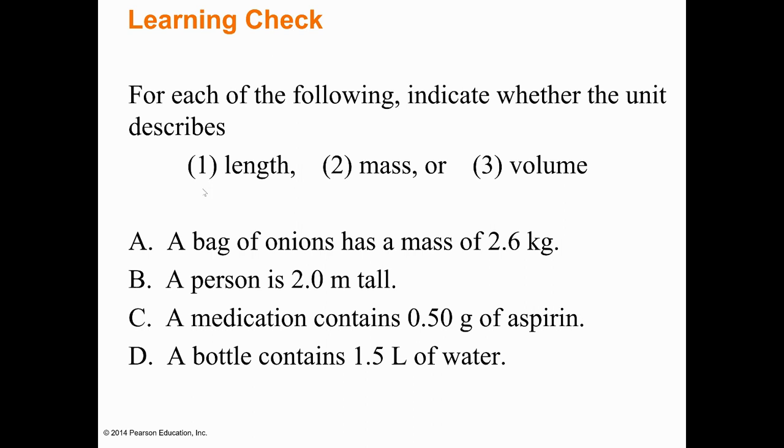That is mass, right? A person is 2.0 meters tall. That would be length. A medication contains 0.50 grams of aspirin. That's mass. And a bottle contains 1.5 liters of water. That would be volume.